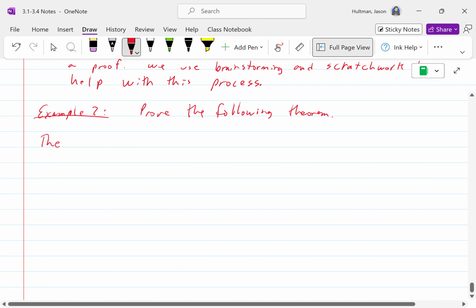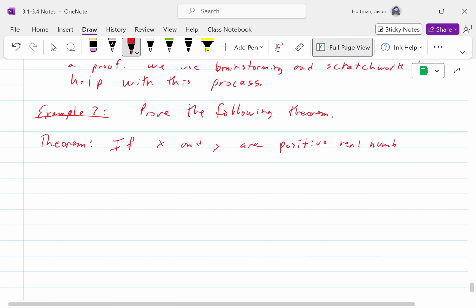If x and y are positive real numbers, then x over y plus y over x is greater than or equal to 2. That's the interesting one.